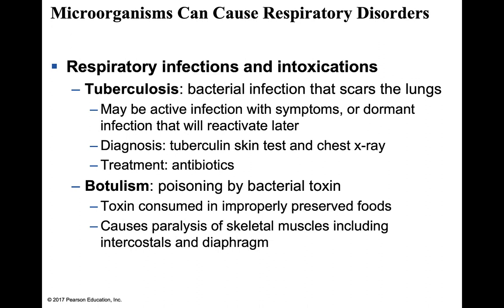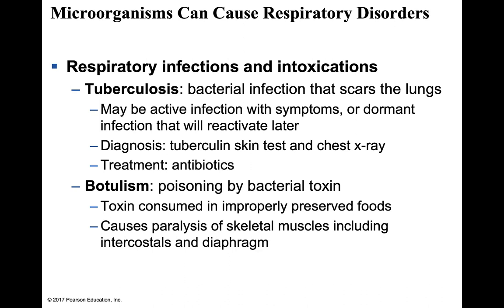Typically, this is bacterial in nature, so antibiotics will be effective in these types of conditions. The type of tuberculosis that's most common right now, unfortunately, is resistant to a lot of the antibiotics that we use normally.